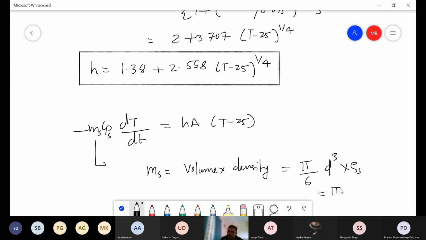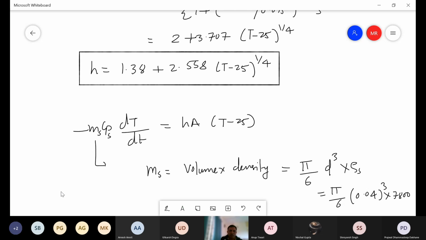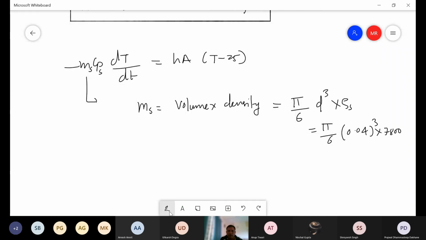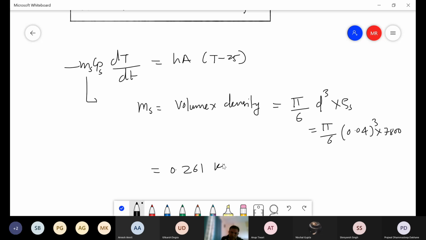So pi by 6 into 0.04 cube into the density of the ball, which is given in the problem as 7800. So the mass of the ball comes out to be 0.261 kg.